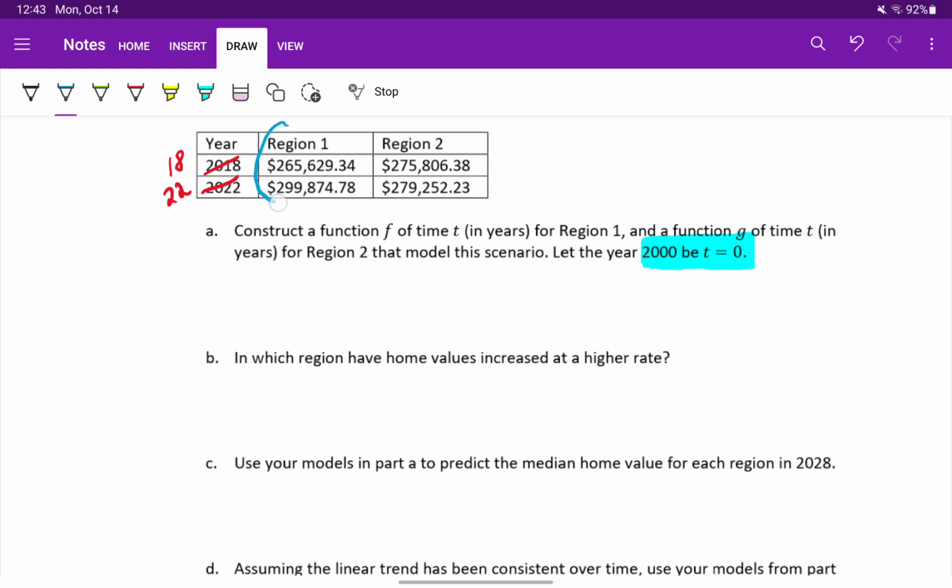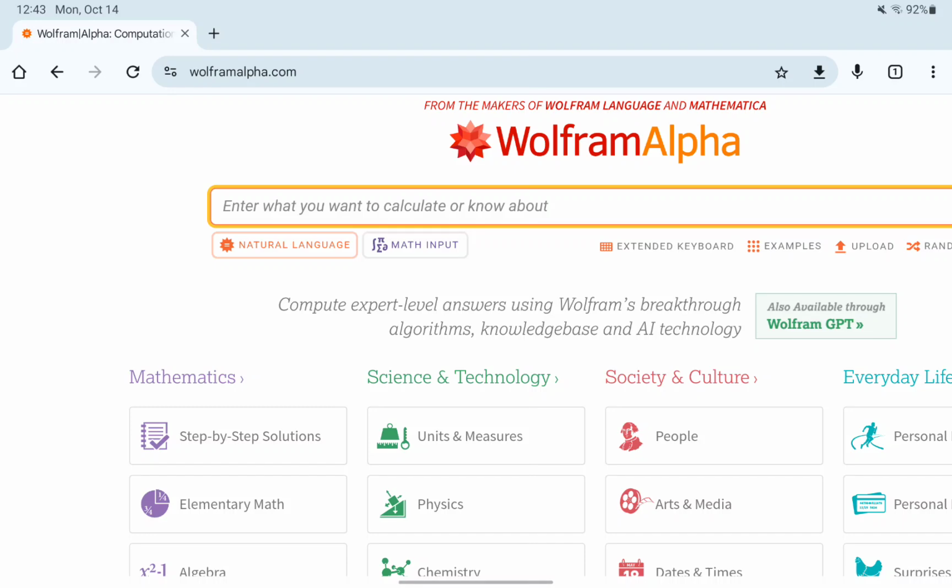And then we'll look at our two values for region 1 to construct f of t, and our two values for region 2 to construct g of t. Essentially, we have two coordinate pairs for each of these models.